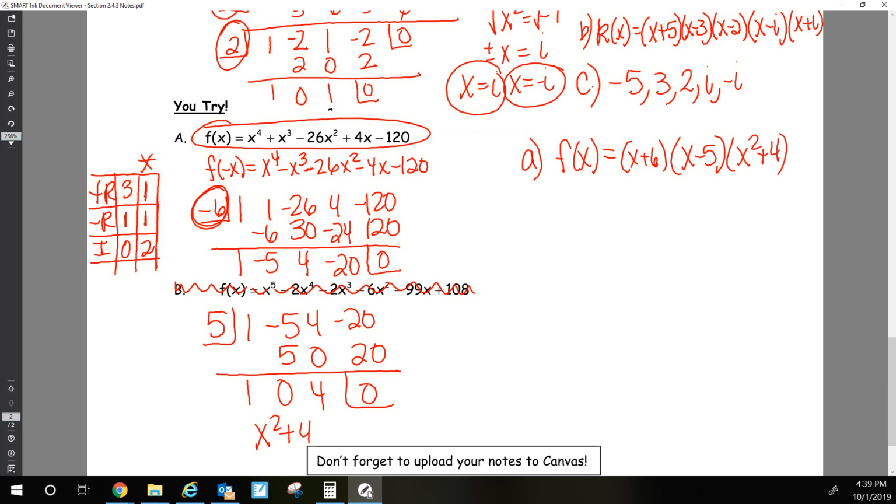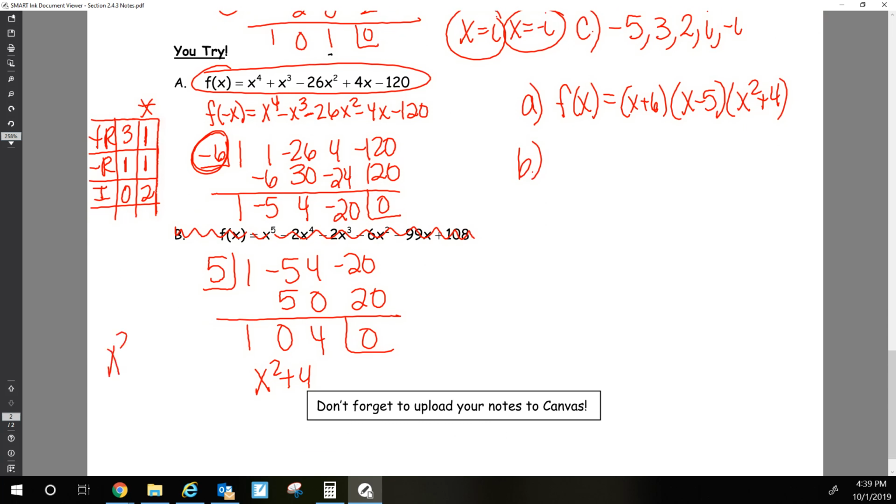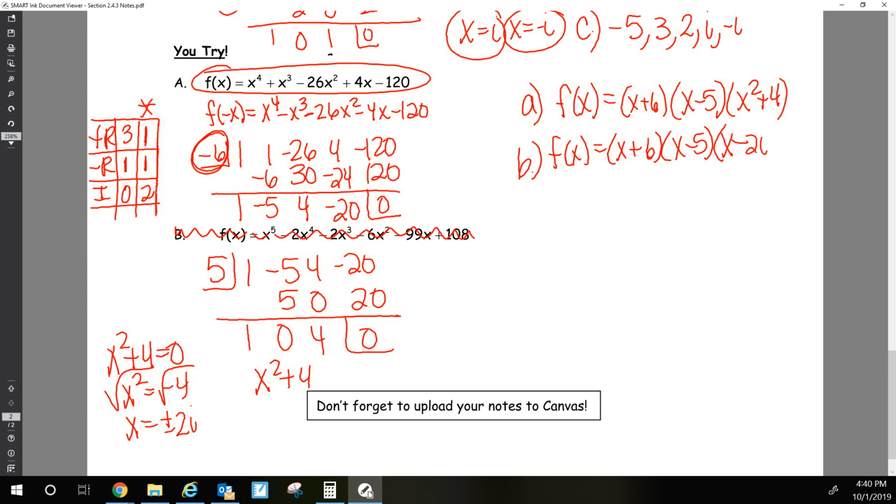Now B wants us to put it all into all linear factors, so we actually want to solve this guy. The x squared is equal to negative 4. X then would be plus or minus the square root of negative 4, which is plus or minus 2i. And so I have f of x is equal to x plus 6, x minus 5, x minus 2i, x plus 2i.